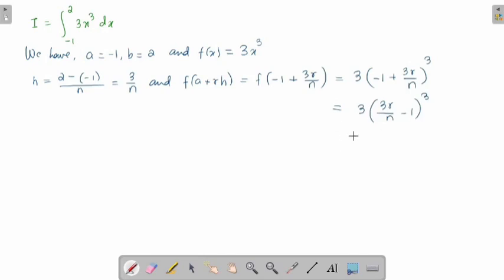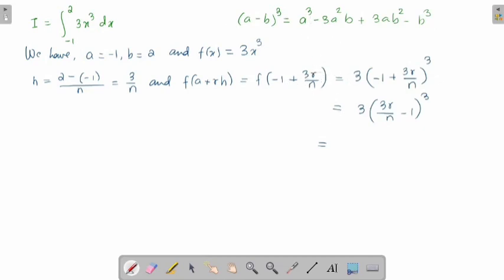So it becomes (a minus b) whole cube, and all of you know that (a minus b) whole cube is a cube minus 3a square b plus 3ab square minus b cube. So this is the formula. Now let's put the formula here.